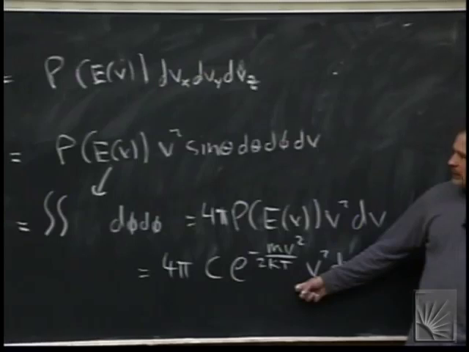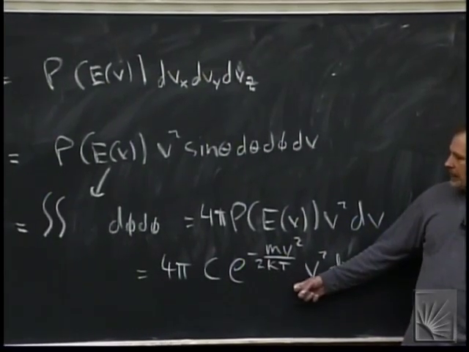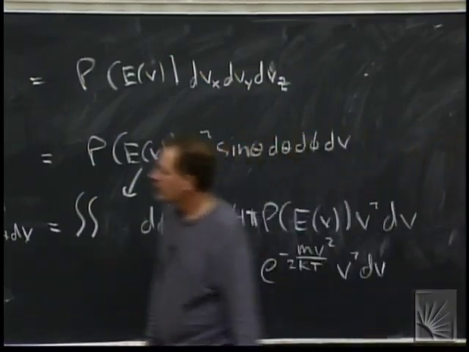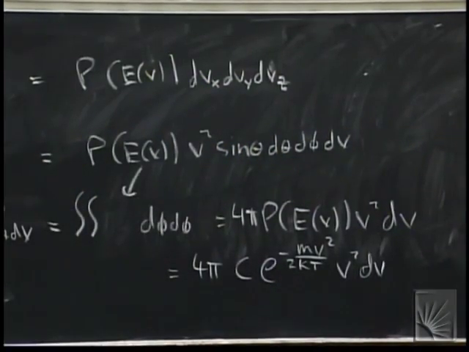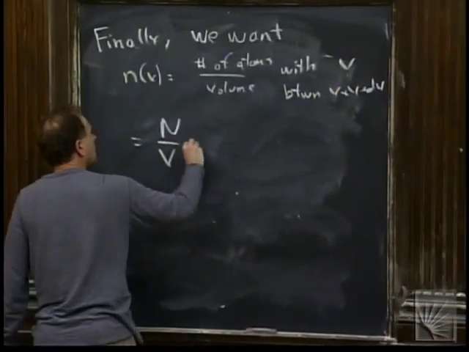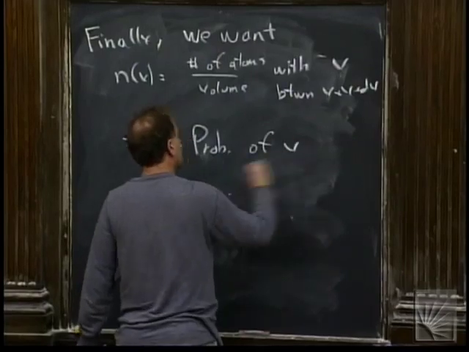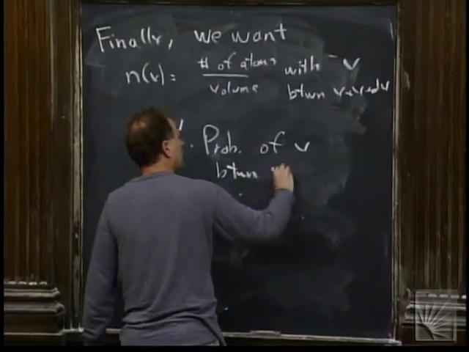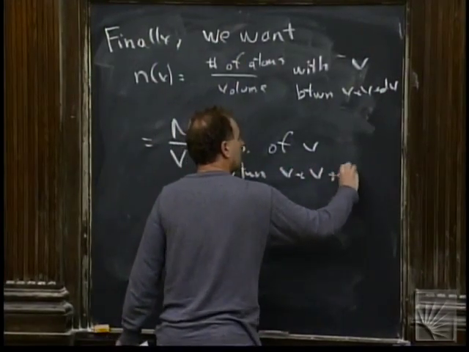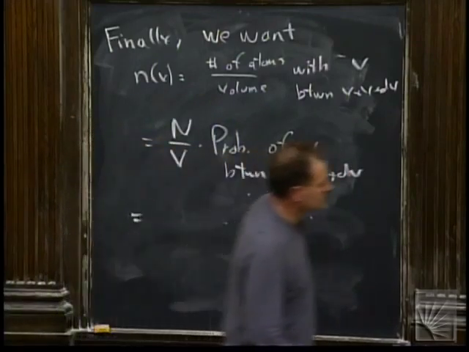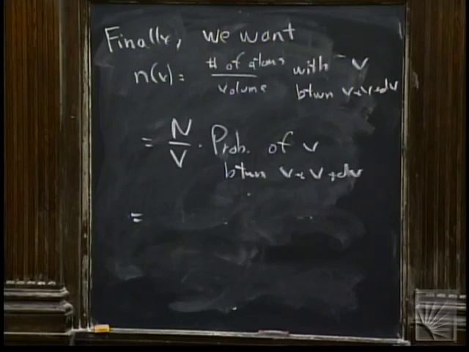That's the probability of an atom having a velocity in the range dv. The number per unit volume is n over V times the probability of v between v and v plus dv. So it is simply combining terms. Okay, that's c.